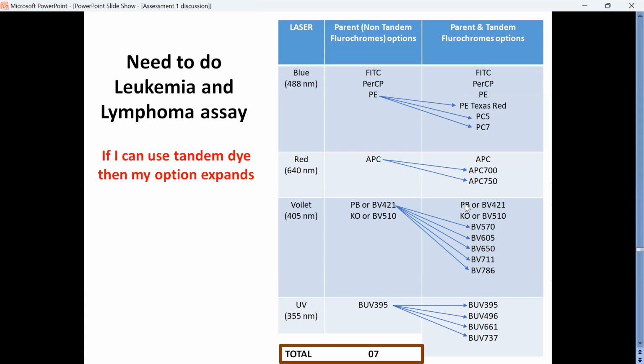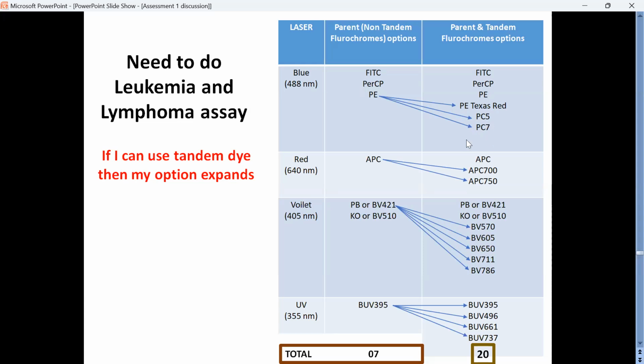Similarly, these 2 can be excited by red laser. These 5 can be excited by violet laser. These 3 can be excited by ultraviolet laser. So now the combination increased to 20. I can easily do my experiment. Now I can use 20 fluorochromes, so I can conjugate CD19 FITC, CD20 PerCP, CD45 PE, CD10 PE-Texas Red, CD73 PC5, CD13 PC7.